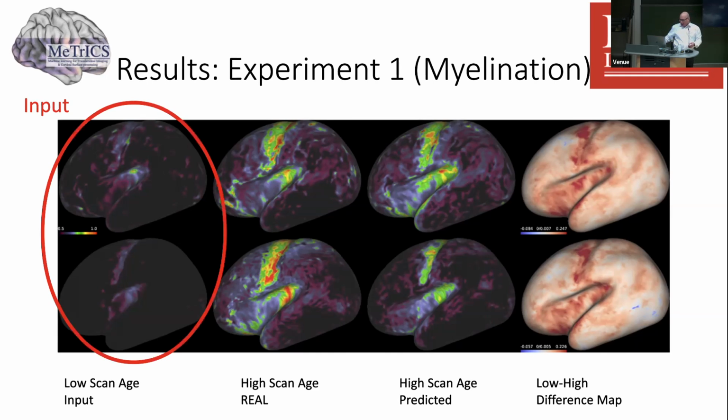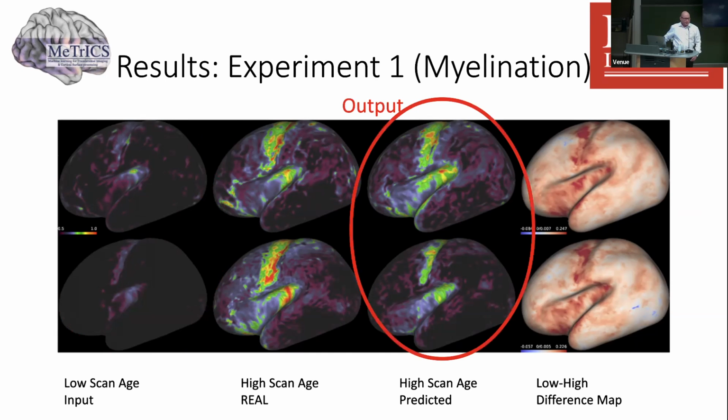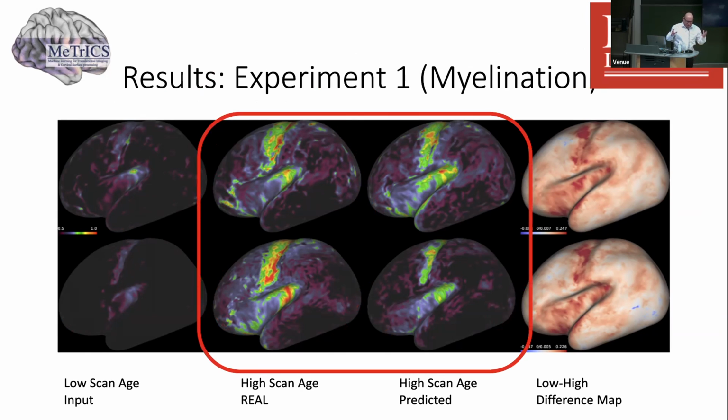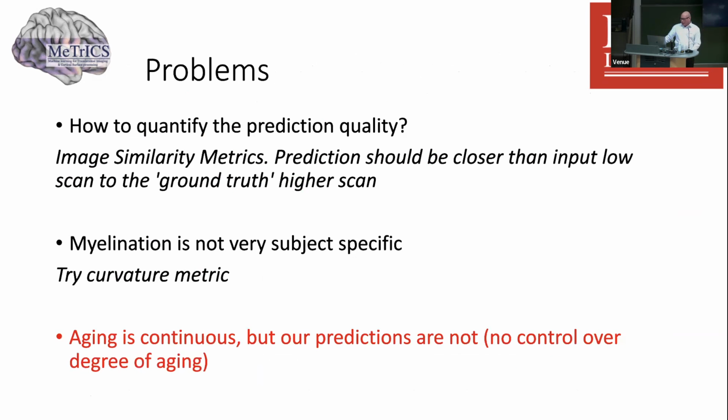On the far left is the input and the far right is the output. We can see this ground truth is quite close. There is a problem here that we have no control over the degree of aging. That's one little issue.